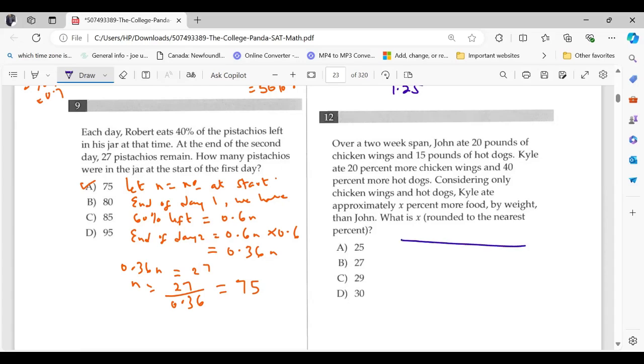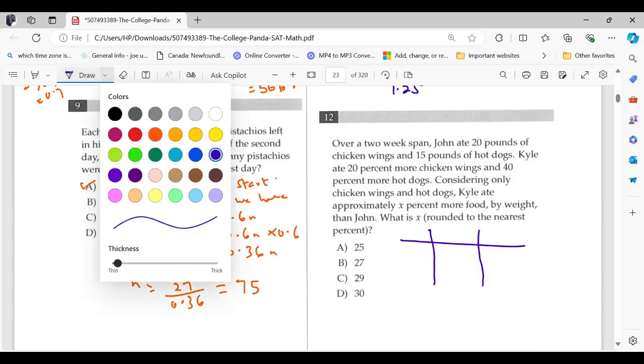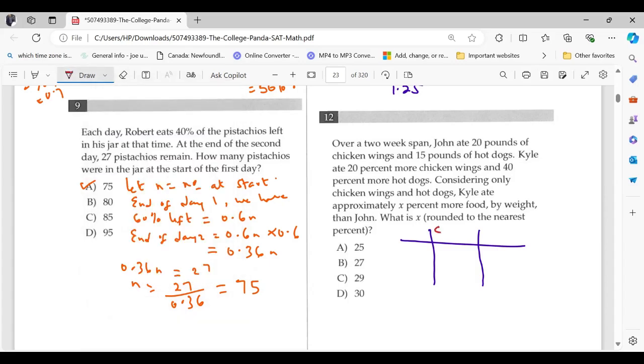I can have a two-way table this way, for purposes of explanation: chicken wings, hot dogs, John, and Kelly.